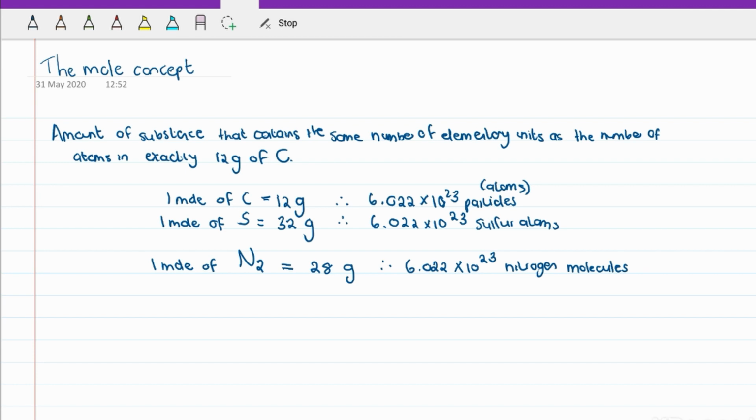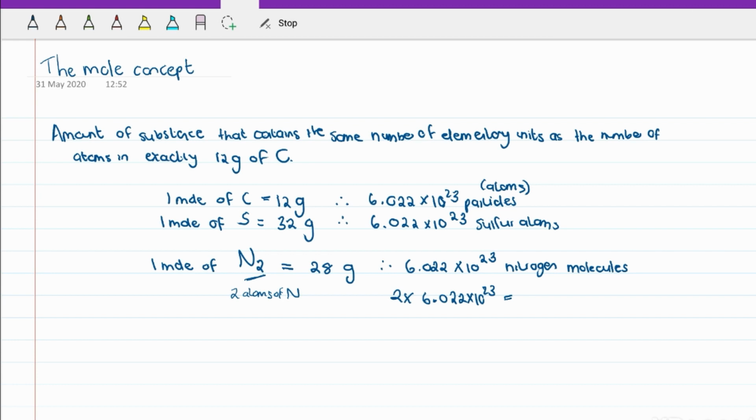But if we want to refer to that as atoms, then you can see that for 1 molecule of nitrogen, there are 2 atoms of elemental nitrogen. So if you want to work out the number of nitrogen atoms, you just take Avogadro's number and multiply it by 2, and that's going to give you the number of nitrogen atoms.